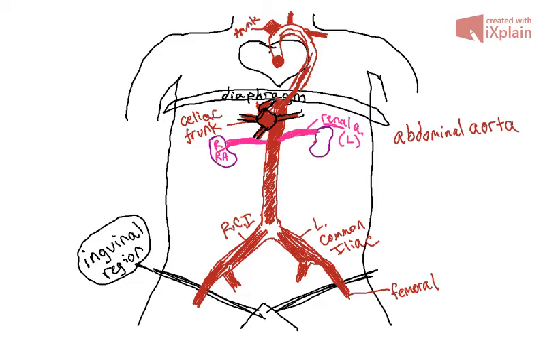Now if we go down a little bit more, just a tiny bit more, there's another little nub that sticks out, and on the models I think it just sticks out and it's cut off. Now in real life it doesn't stop right there, it keeps going. But on the model it's just cut off, because then that would be too much of a mess of having arteries all over the place.